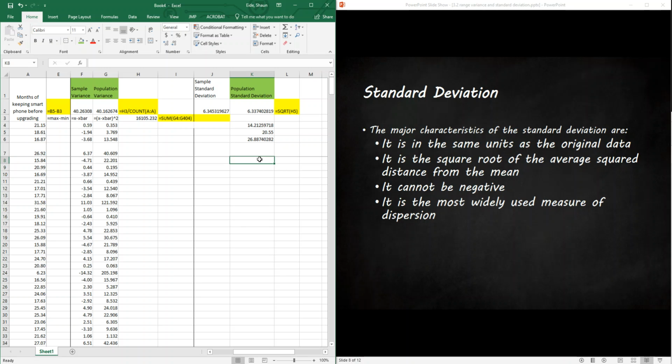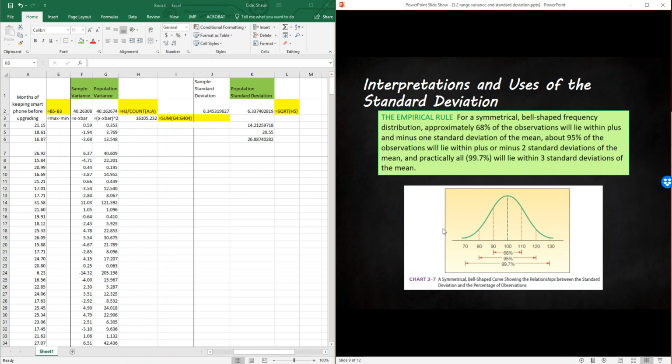But what does that mean? Okay. That means that 68% in a normal distribution keep their phones between 14.21 months to 26.88 months, which that's really great information.